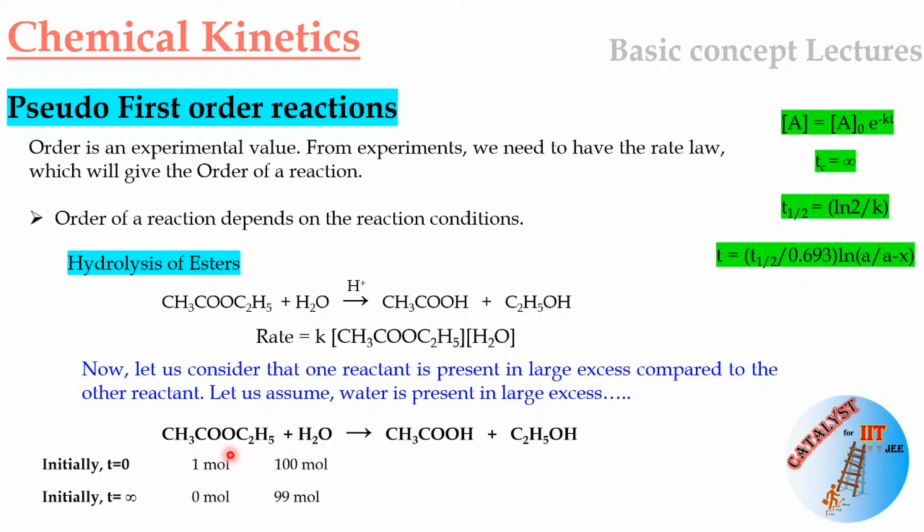Clearly 1 mole of ester will react with 1 mole of water, so you will lose 1 mole of water as well. So the moles of water now become 99 mole. As you can see, the number does not change significantly when you take one reactant in excess.